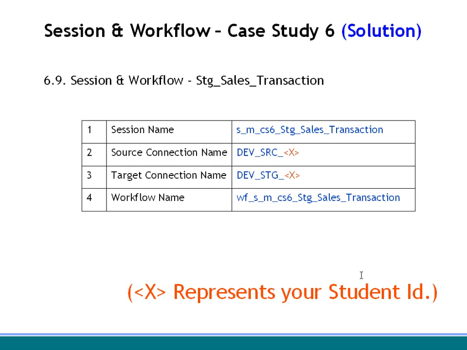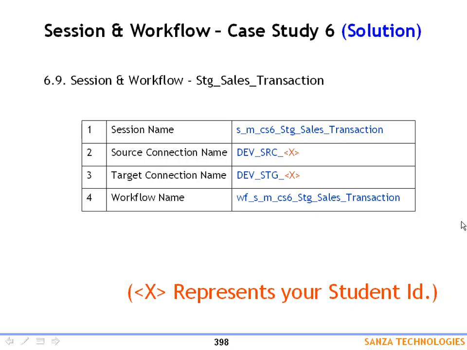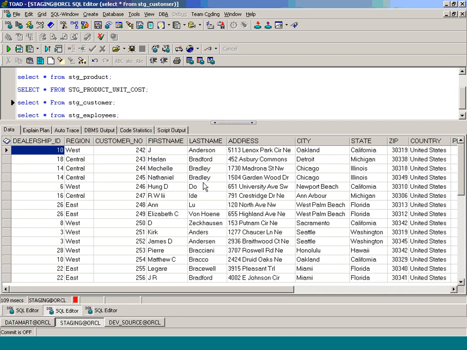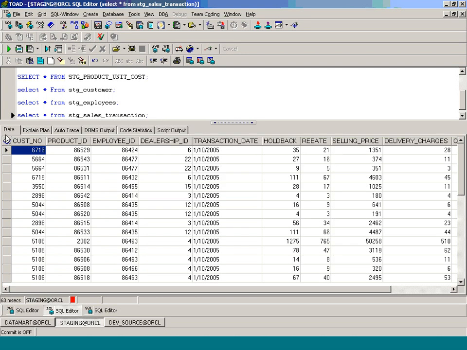Okay then. So select star from STG sales transaction. 214 records it loaded.